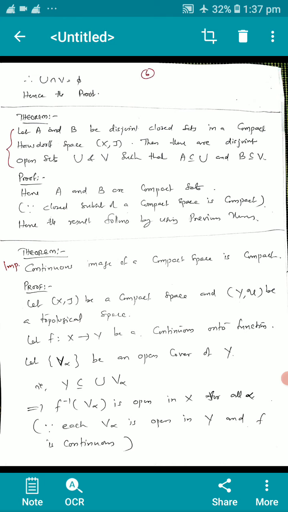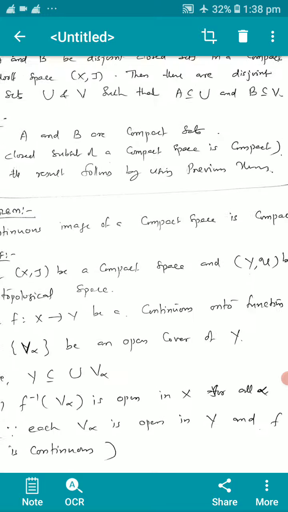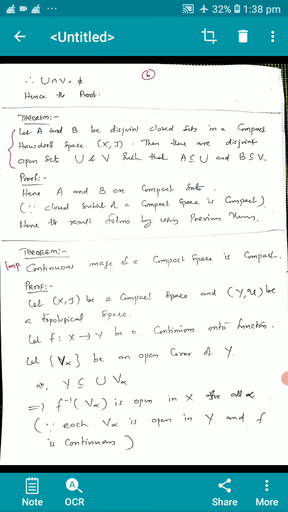Proof. Let X be a compact space and Y be a topological space. We have to prove that Y is again compact. We construct it this way: let f from X to Y be a continuous onto function, and let V alpha be an open cover of Y, that is, Y is a subset of or equal to union V alpha.